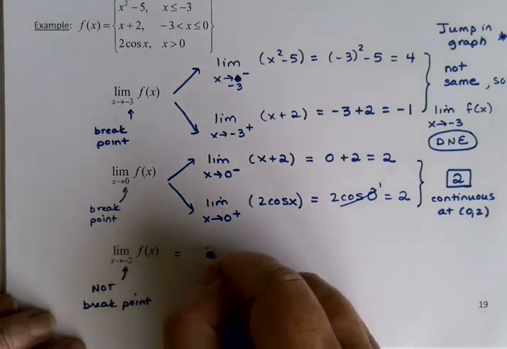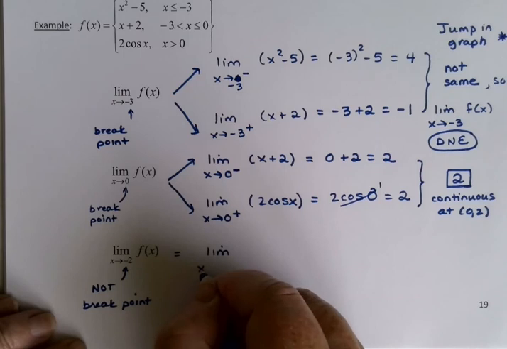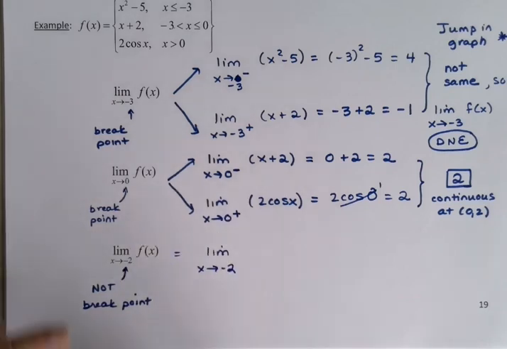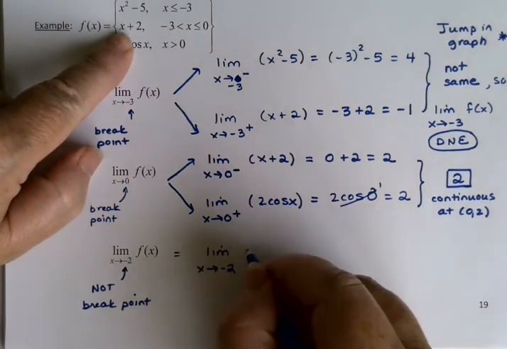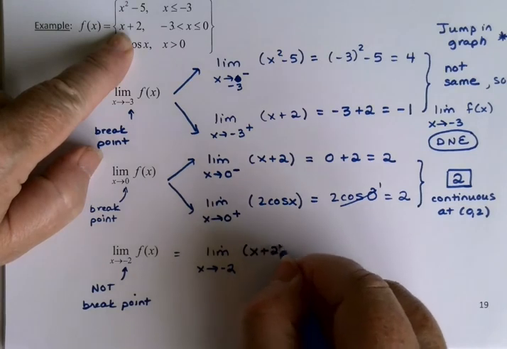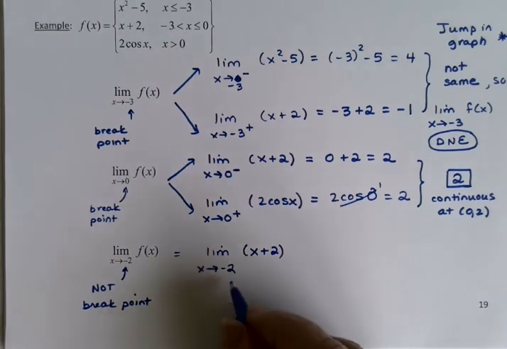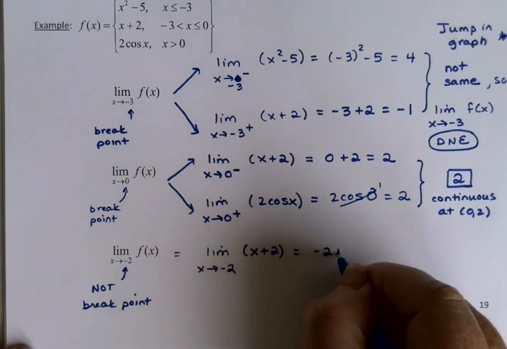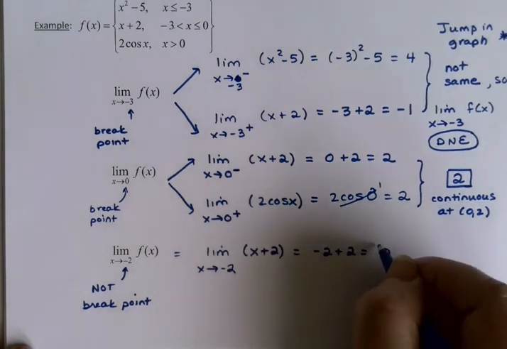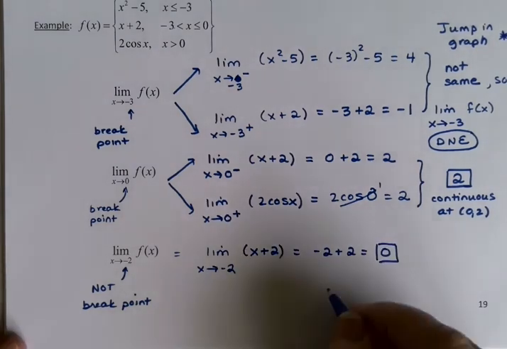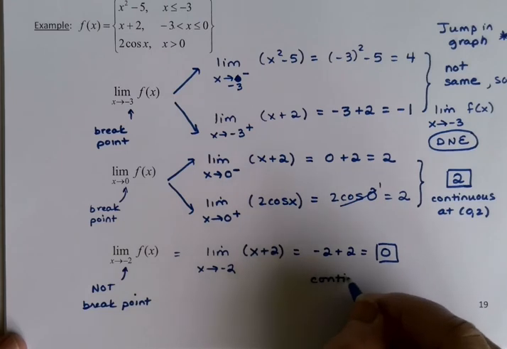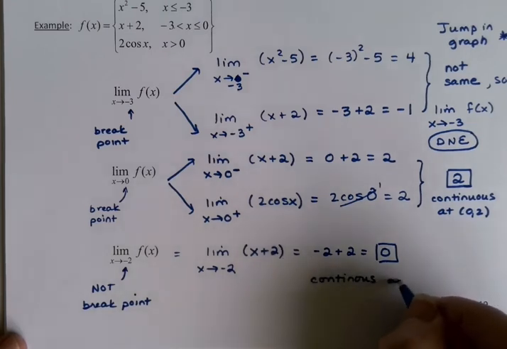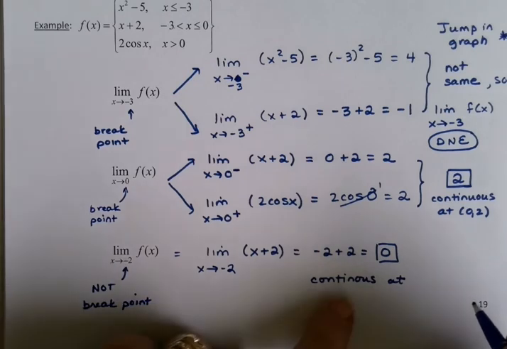Instead, I can just say this is the limit as x approaches -2, and we'd be using this expression, x plus 2. Plug in your value, and your limit is simply 0, and you're done. The graph would show that we are continuous at the point -2, 0.